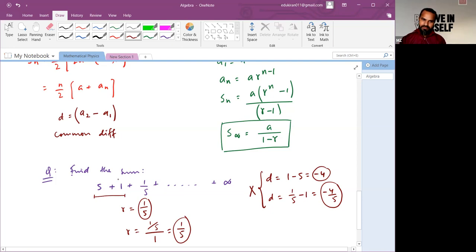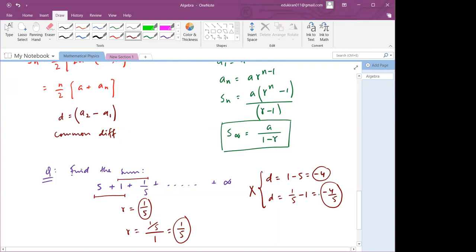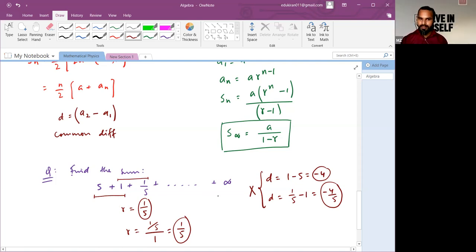Similarly, for the next two consecutive terms, it is 1 by 5 minus 1, so it comes out to be minus 4 by 5. Just compare, are these two differences the same or different? Different. So we can conclude this particular series is not in AP.